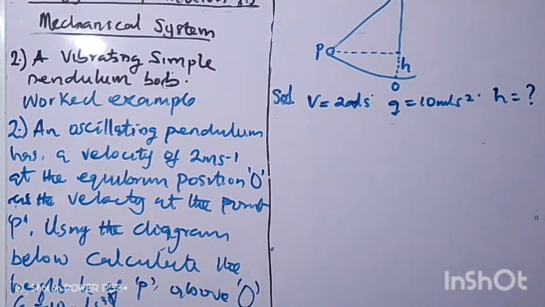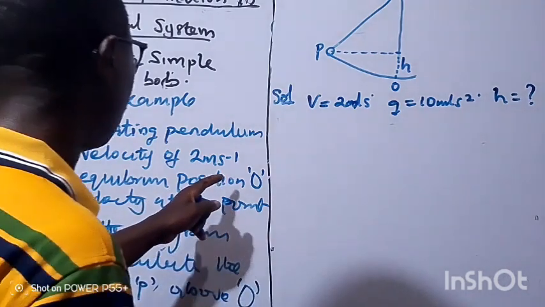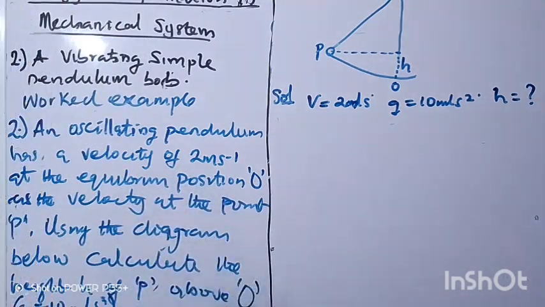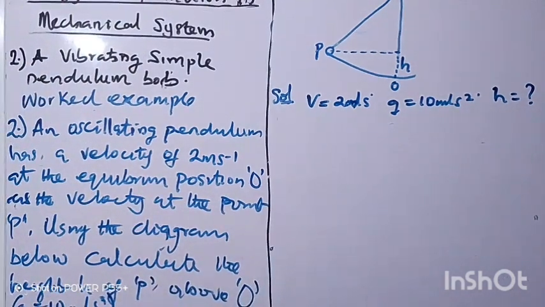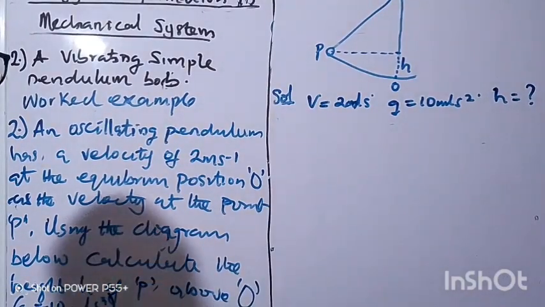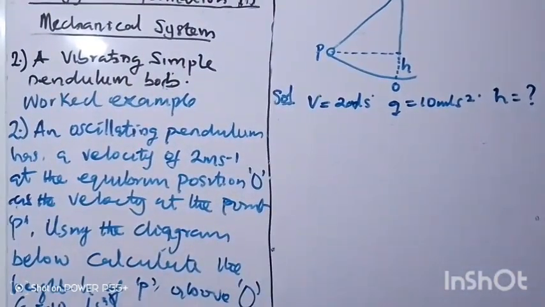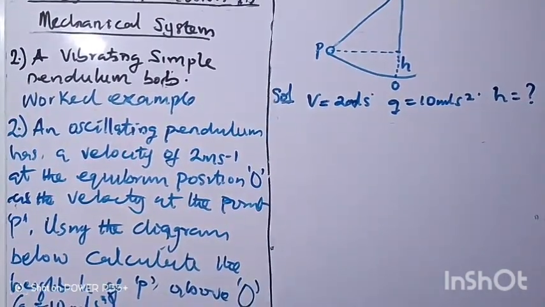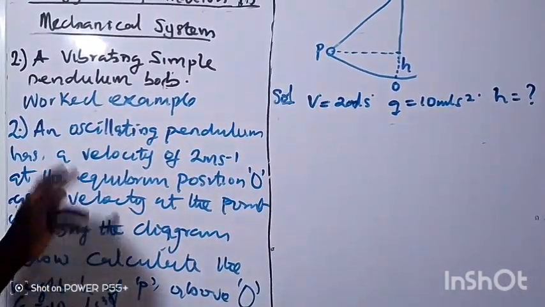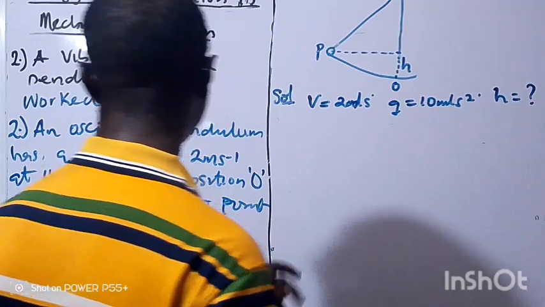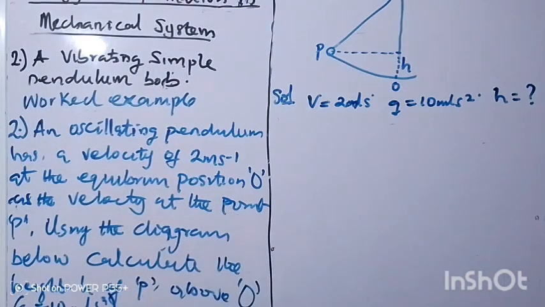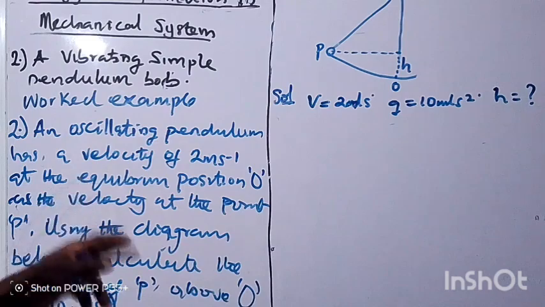Now to calculate this one, mind you, as I said in the first example, the pendulum will have its greater velocity when the kinetic energy is greater.